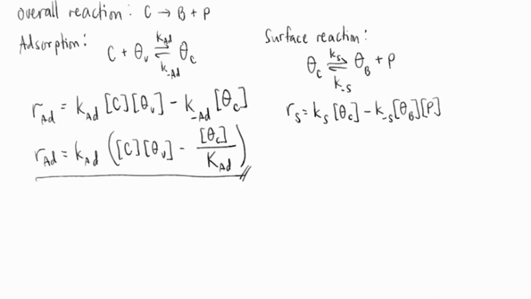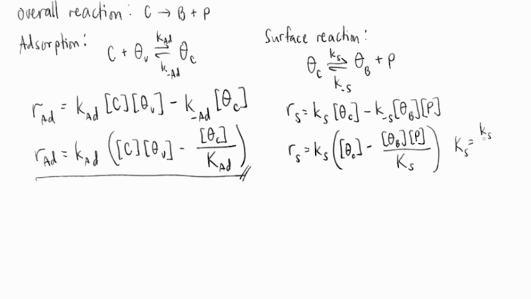We therefore write our net rate of surface reaction as small ks multiplied by concentration of theta C minus concentration of theta B times concentration of propylene over capital Ks. Capital Ks in this case is simply the ratio of the forward reaction rate constant over the backward reaction rate constant. This is now our expression for the rate of surface reaction.